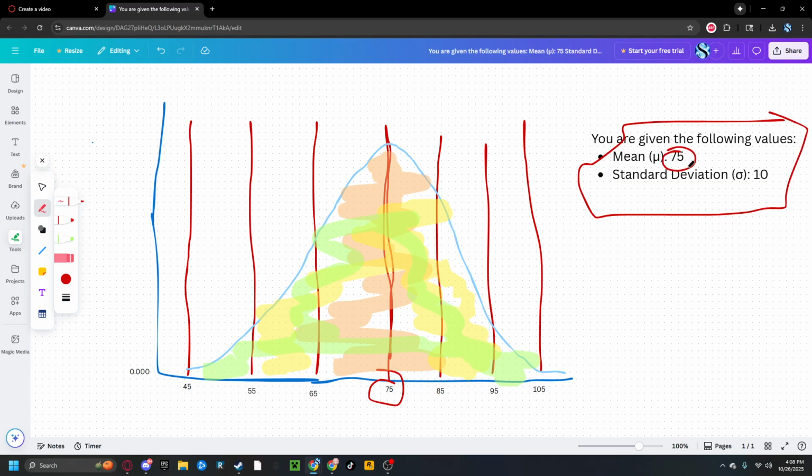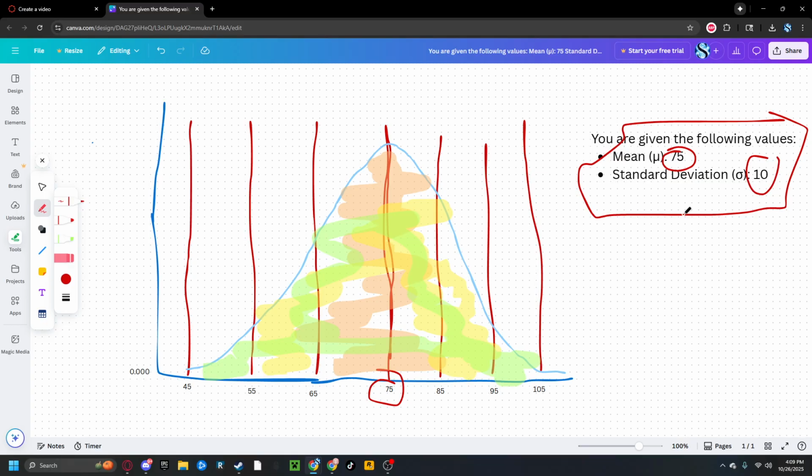Our mean is still 75 and our standard deviation is still 10. So let's say we have an average test score of 75%. Out of all of the kids in a class, the average is 75%, and the standard deviation is still 10.